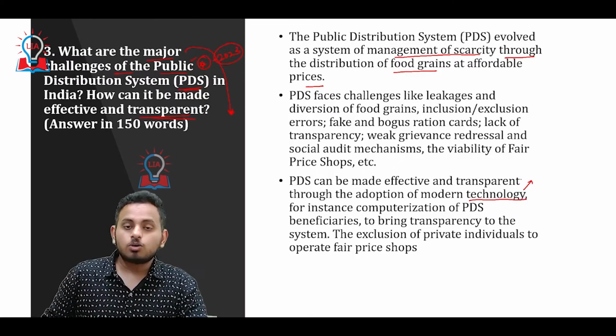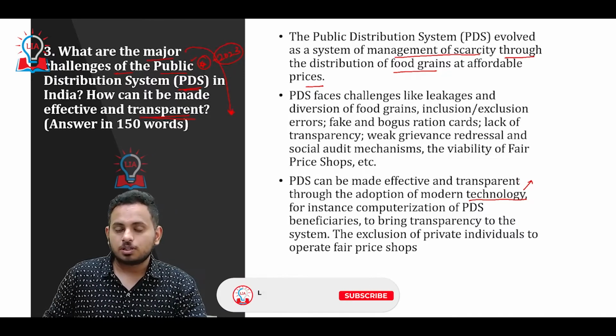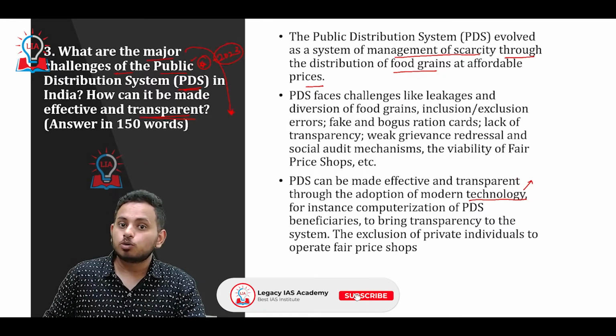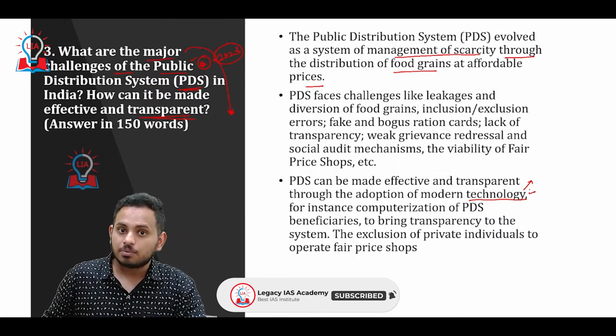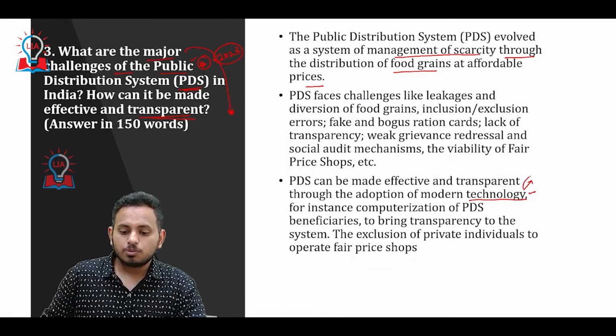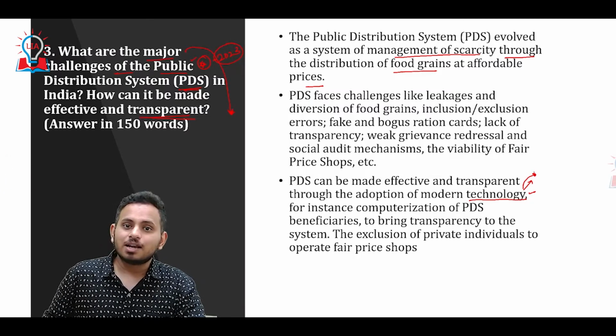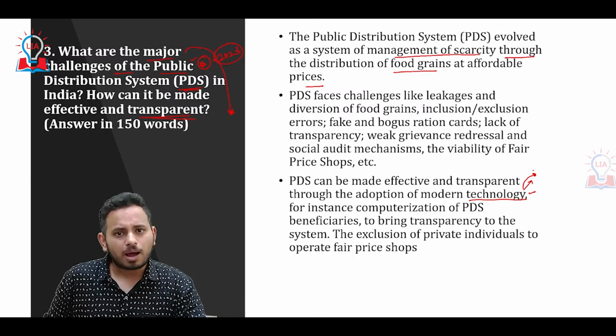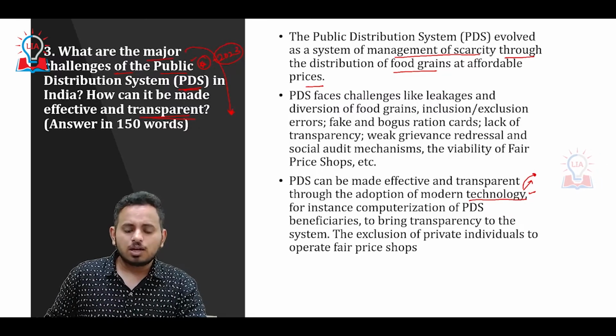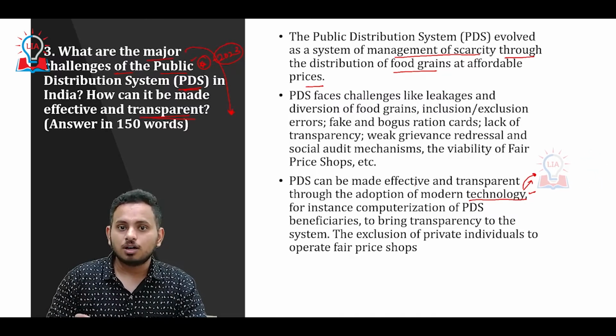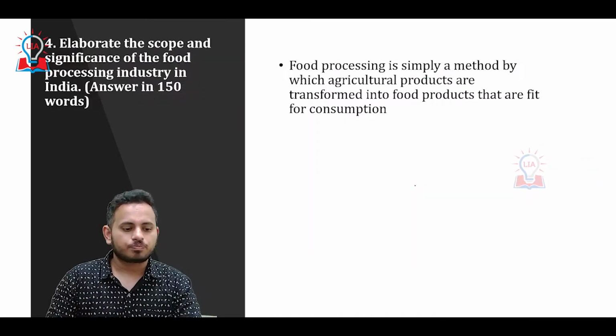In order to curb the corruption at the fair price shops, in order to make the fair price shops smarter, technology is required. At the same time, when using technology, it should be made sure that the people who are working are ethical and do not just rely on the technology. There should be one more backup created, so that cases like Jharkhand will not happen anytime in the near future.